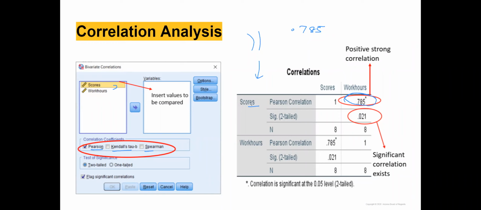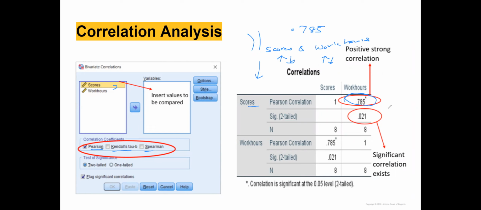That means scores and work hours are positively related. So if you increase score, work hours will increase. If you decrease score, work hours will decrease. So that's positive correlation. And then you look at the significant value, how significant the result is.